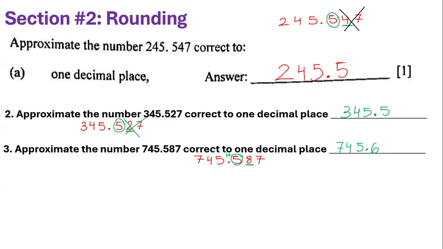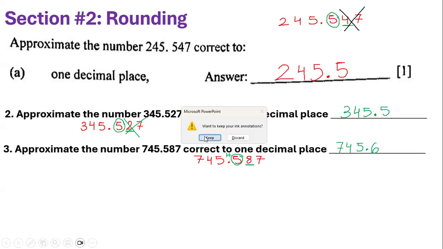When the number to the right is 5 or greater, you add 1 to the digit to the left. That's how we get it. Very good.